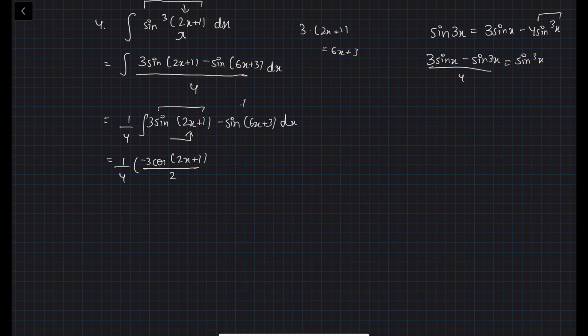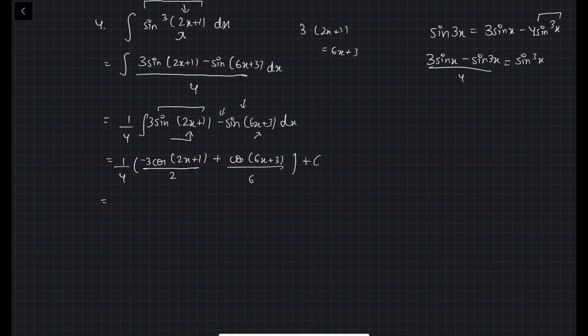Similarly, here we'll have a minus cosine of this, and there's already a minus, so that's just going to be a plus cosine of 6x plus 3. And I'm going to divide by the derivative of this, which is just 6. I'm just going to write this out.